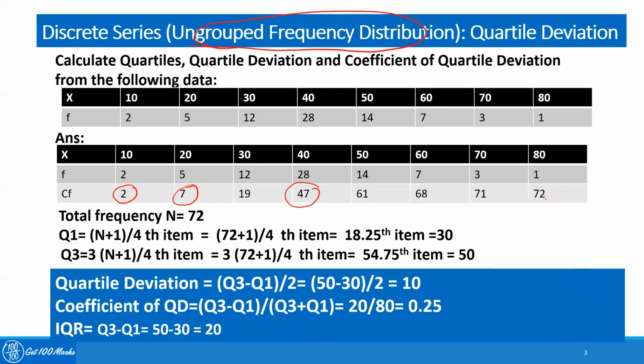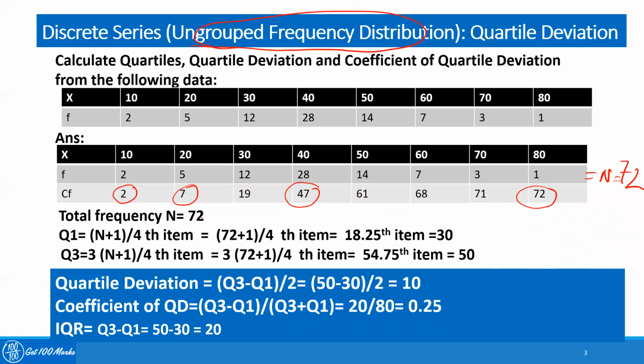Following the same procedure, we have got the final cumulative frequency as 72, which is the total frequency. If we add the total frequency, which is capital N, that also comes to 72.